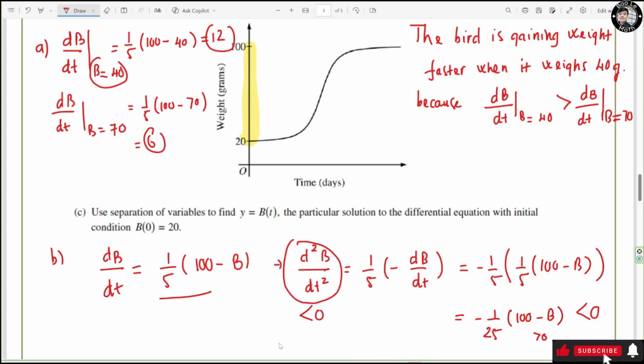It tells us that the function is always concave downward. But if you look at the original graph right here, it is concave upward. So you can conclude that the graph of B is concave down for B from 20 to 100. A portion of the given graph is concave up.